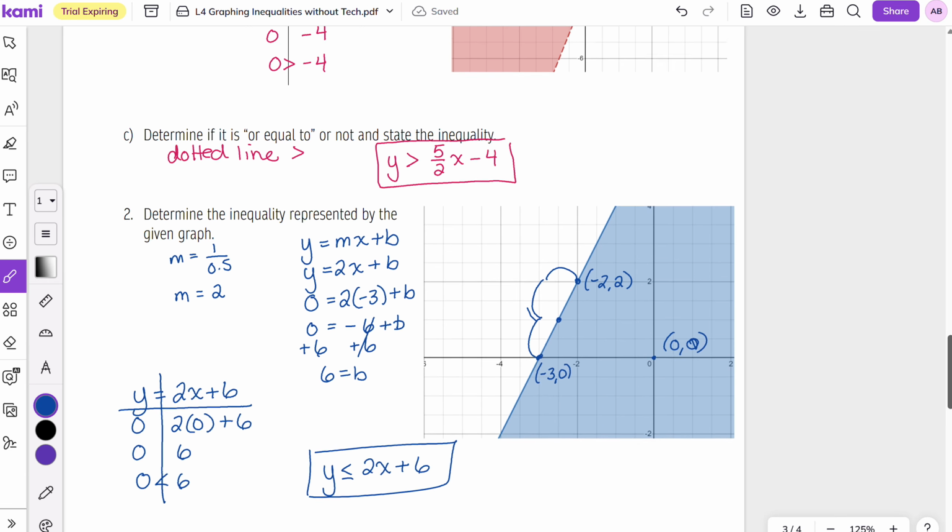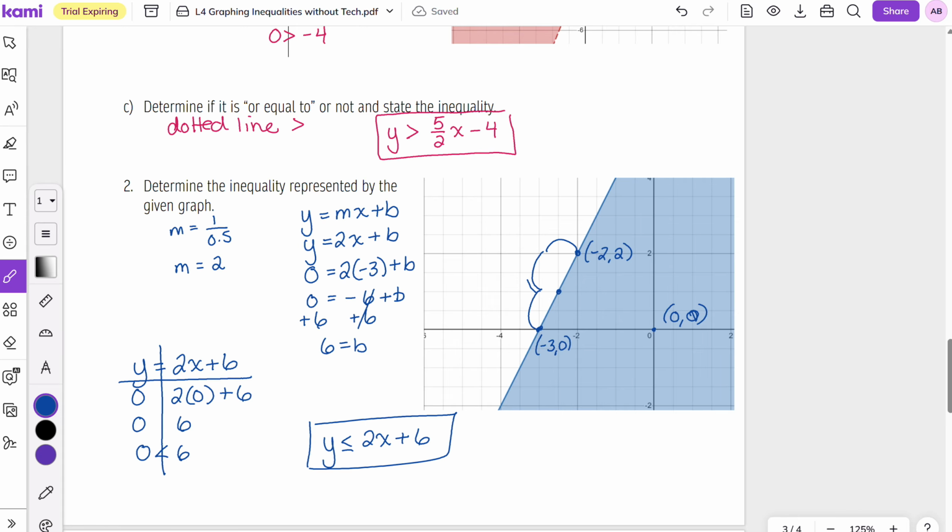Okay, for our second one here, we can see that we have a slope, but we can't see our y-intercept. So again, we're going to find the slope going from one point to the next. And we see that we have a slope of up 1.